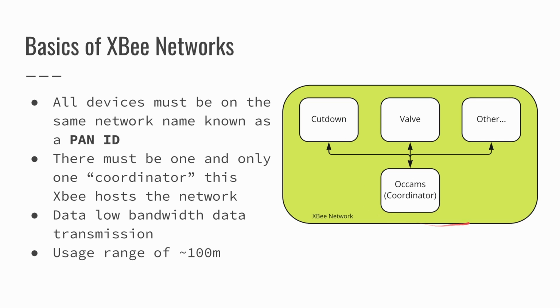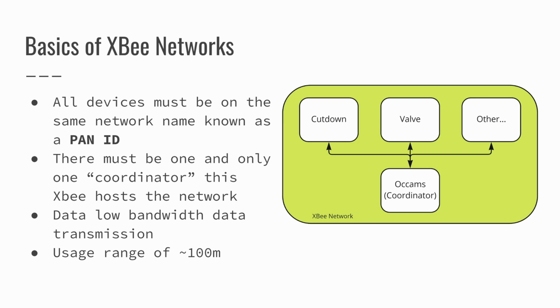Think of the coordinator as maybe like your access point or your router in a network. It kind of creates the network. It lets devices know that there is a network to join. It keeps track of the devices on the network, stuff like that. There are mesh network topologies for the XBee devices as well, but we are not using those topologies. We're using the coordinator topology.